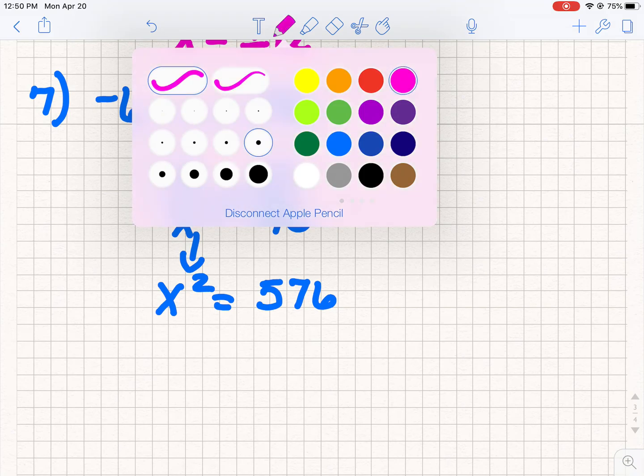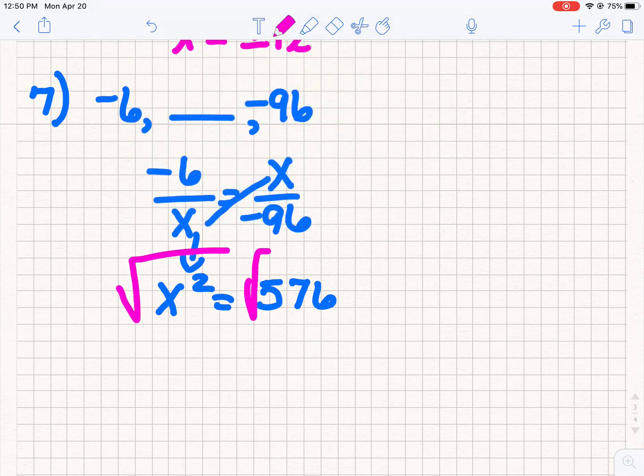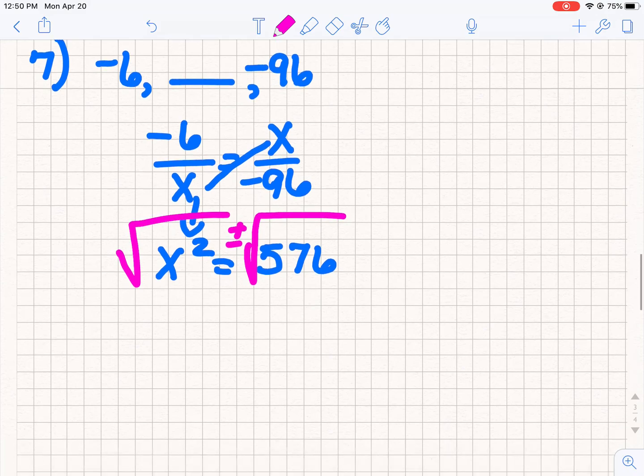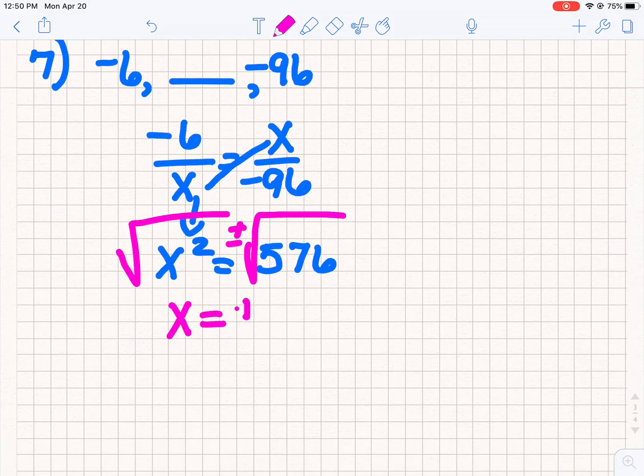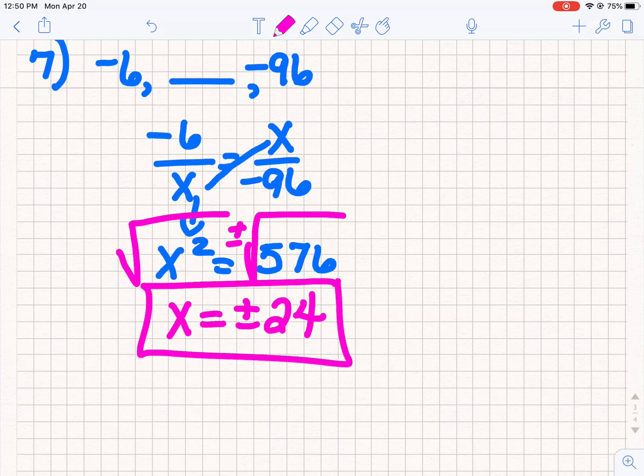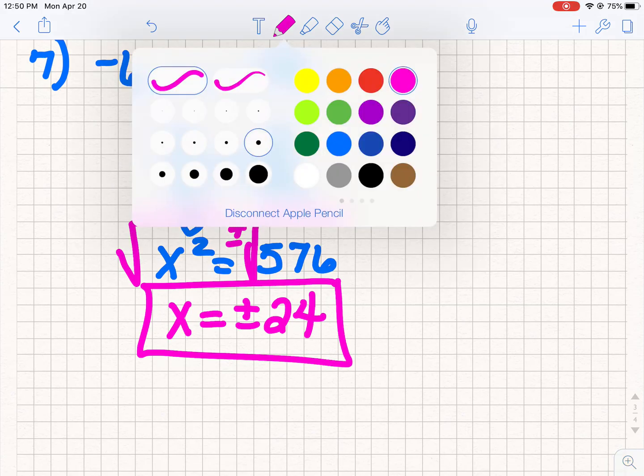Square root both sides. Again, that brings in 2 solutions here. And the two solutions were plus or minus 24. If you forgot the plus minus, you lost a point or two. Okay? All right. Now we go on to the word problems.